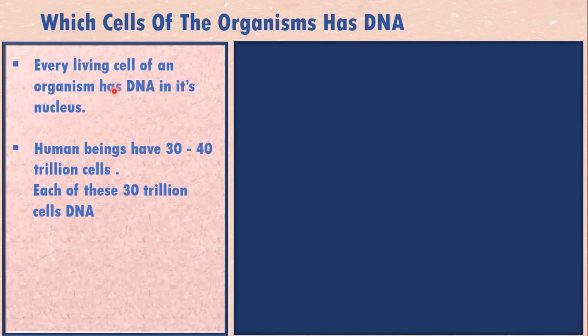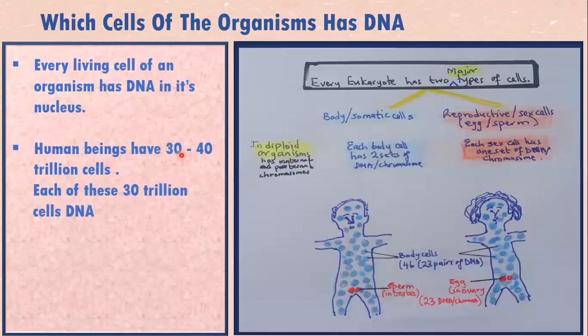If a cell has no DNA in its nucleus, it means that when it started as a cell and was living, it had DNA, but with time, it lost its DNA. It may be dead or it just lost it. All right, but every living cell has DNA. So this human being with 30 to 40 trillion cells, every cell of it has DNA.